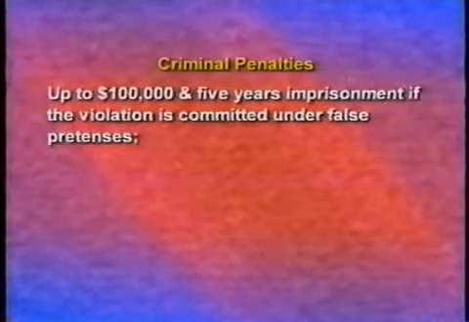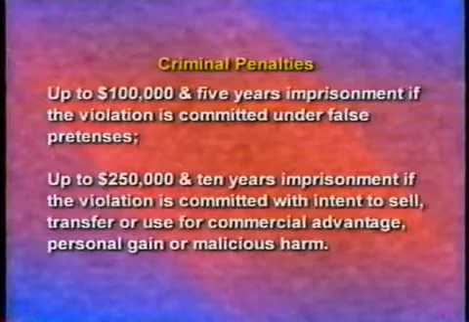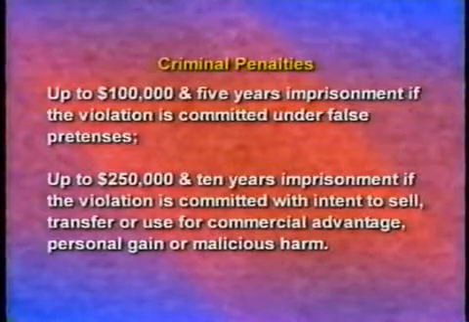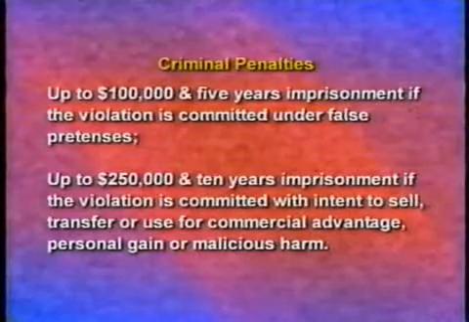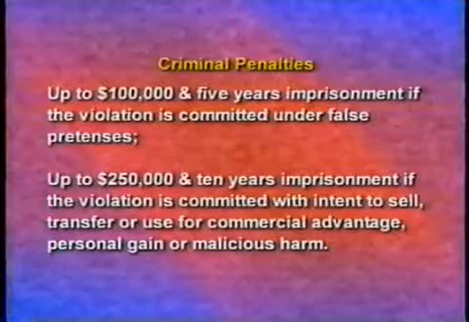Up to $100,000 and 5 years imprisonment if the violation is committed under false pretenses. And up to $250,000 and 10 years imprisonment if the violation is committed with intent to sell, transfer, or use for commercial advantage, personal gain, or malicious harm. All criminal penalties are under the jurisdiction of the Department of Justice.